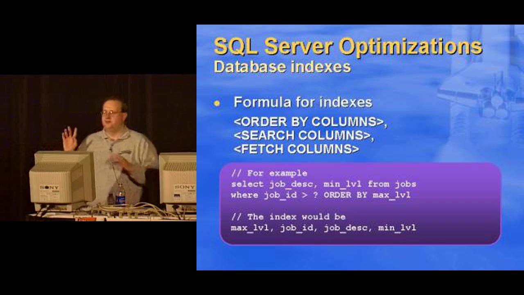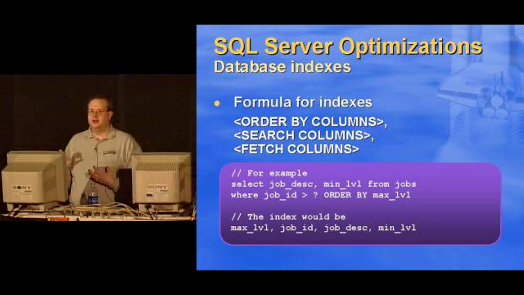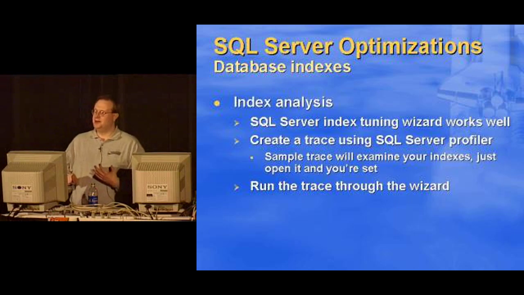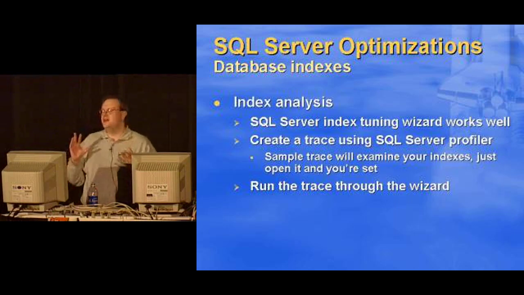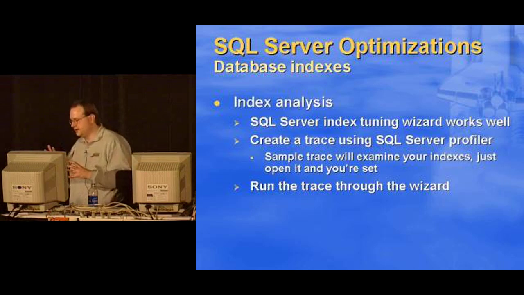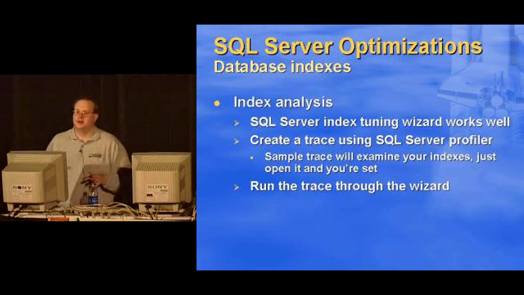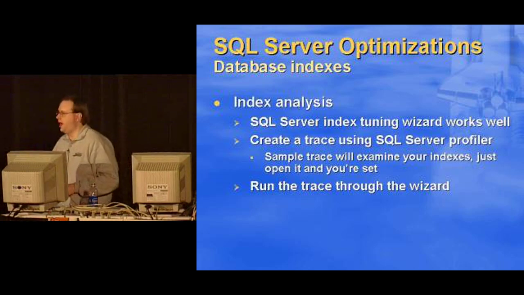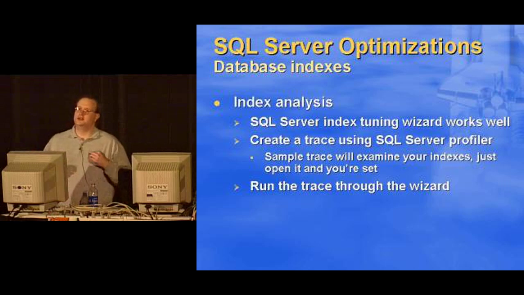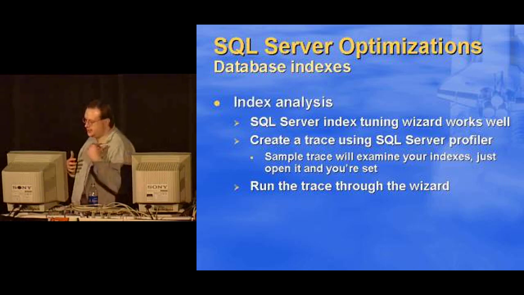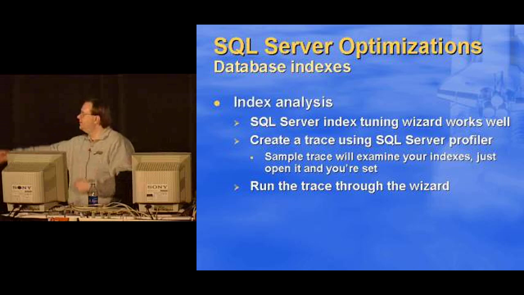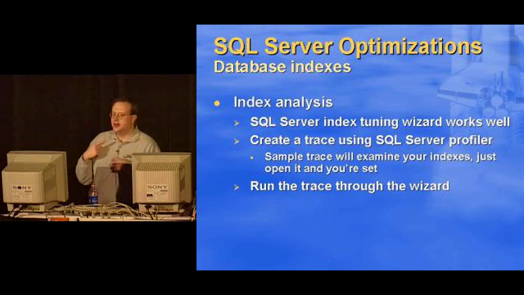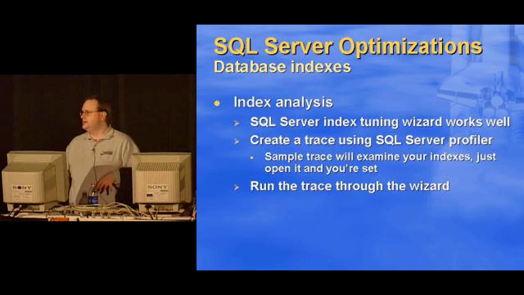Now, one nice thing, if you don't get the index right, guess what? SQL Server will tell you about it. This is my favorite feature in SQL Server. It gives you the ability to look at your indexes, and it will tell you whether you need them or not. The way you do this is you turn on the index tuning wizard, and you input a trace using the SQL Server Profiler. All you do is start it up, let it run on your server, and then just use the database like normal.